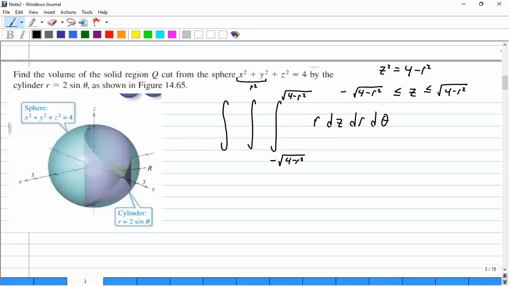Now, do I know anything about my radius? We have the radius of the cylinder. If you think about the r theta plane, that would be like the xy plane, then this cylinder would be circular, would it not?